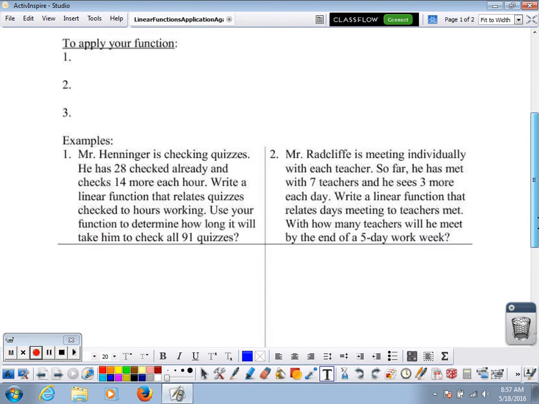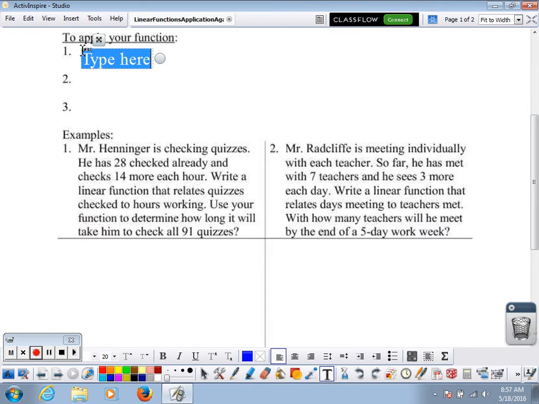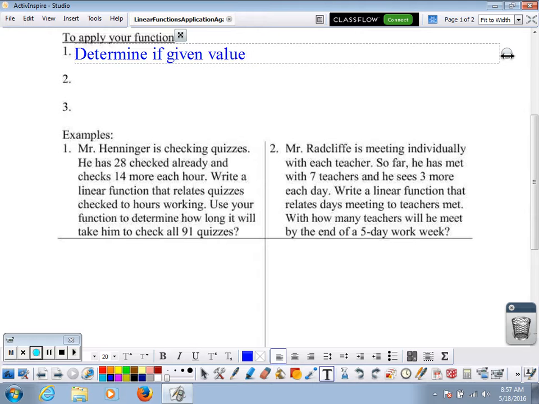Now, the second part, kind of a part B to the question, is going to be applying that function. Okay? And what's going to happen, guys, they're going to give you either a value of x or a value of y. We have to determine if the given value is an x or a y.